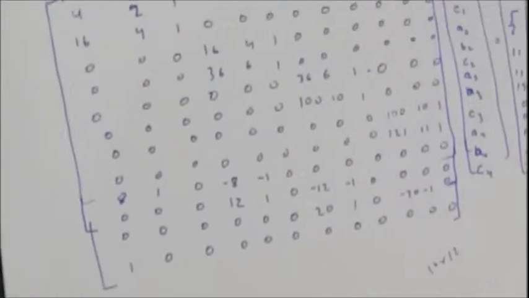If we plug them in matrix form, then we get a matrix of 12 by 12, and we have 12 unknowns. Then we can easily solve it for these 12 unknowns, which are a1, b1, c1, a2, b2, c2, a3, b3, c3.